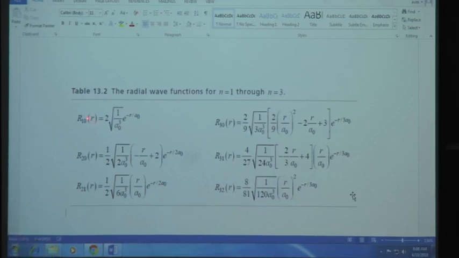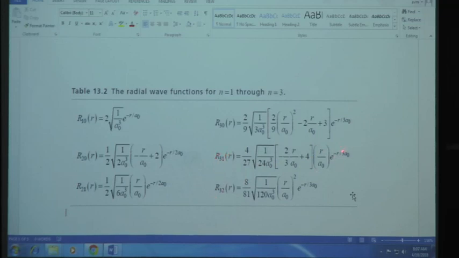If you look at the radial parts, each radial part has an exponential factor. e to the minus r over a naught, e to the minus r over 2a naught. For n equals 3, this changes to e to the minus r over 3a naught. These are also n equals 3 solutions.